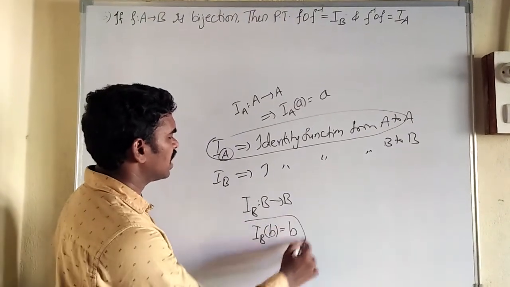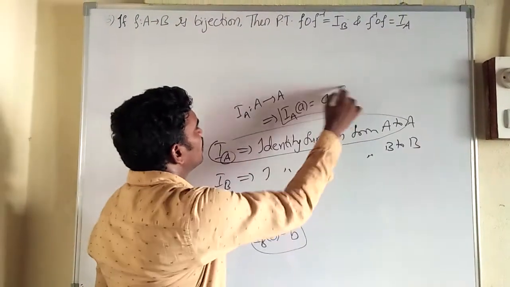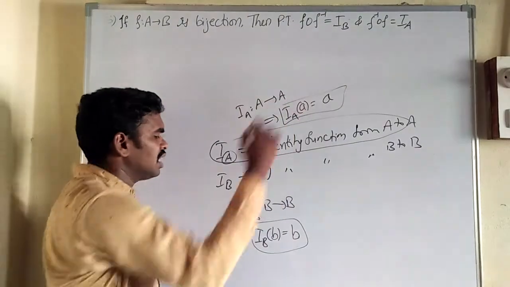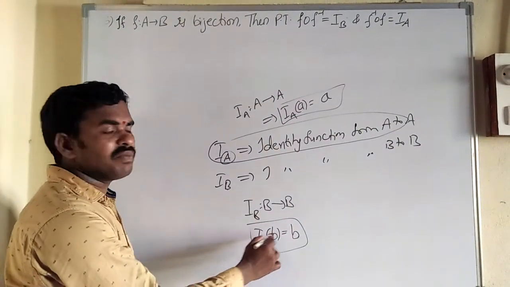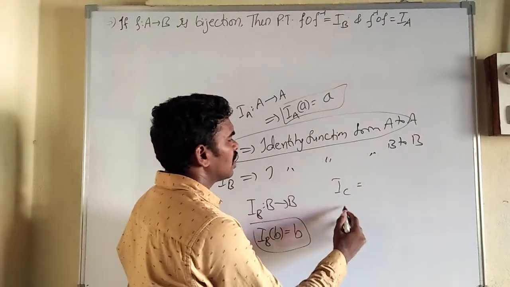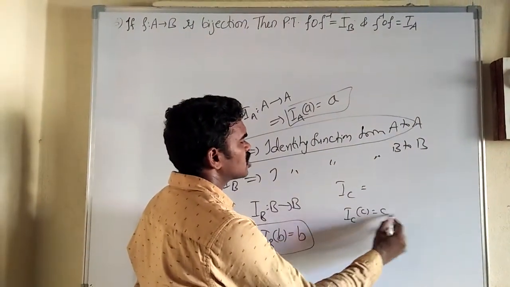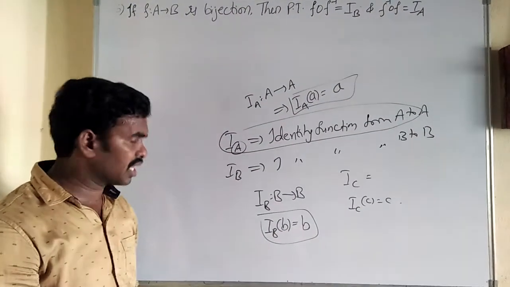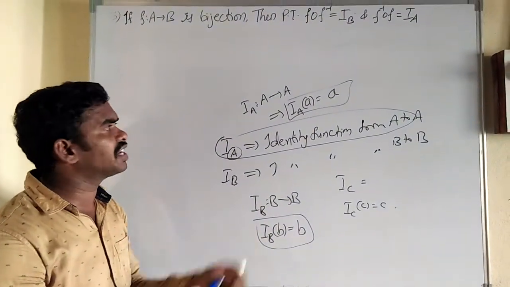This is called the identity function definition. If it is on A, IA of a equals a. If you want it on B, IB of b equals b. If you want IC also, we can write IC of c equals c, like that. So we got some information about the identity function.